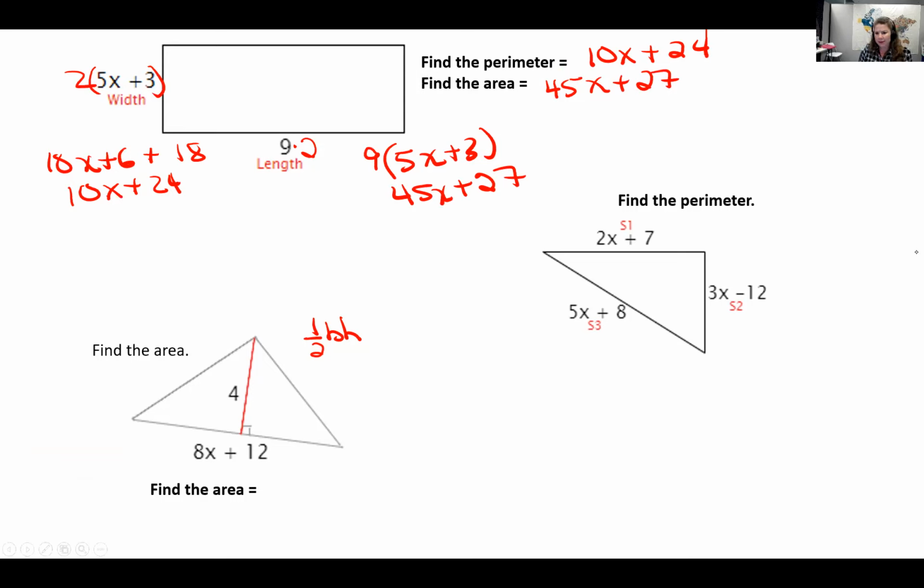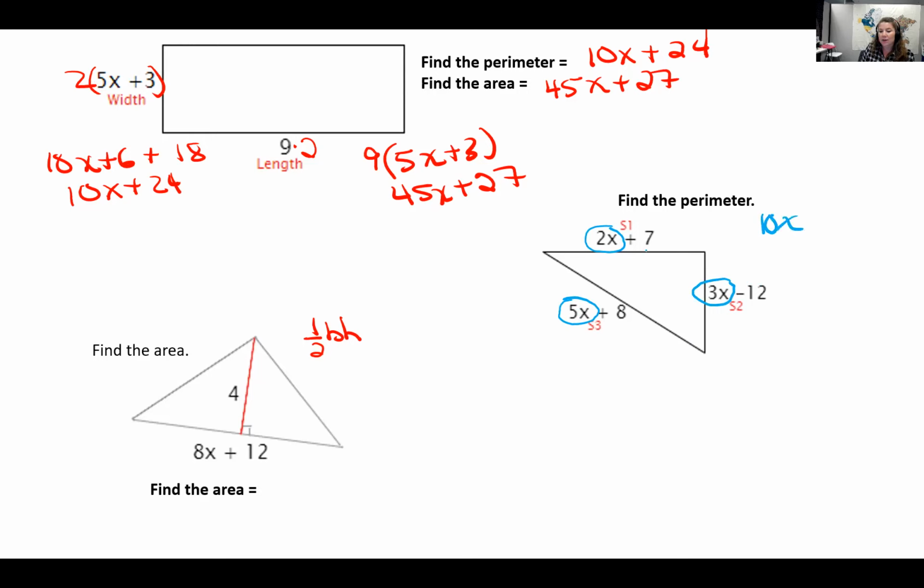All right, how about this one? So let's just go around this perimeter. This is a triangle. So we're not doubling anything here, right? We're just going around this triangle. We're combining our like terms. So I see 2x plus 5x is 7x, and 7x plus 3x is 10x.